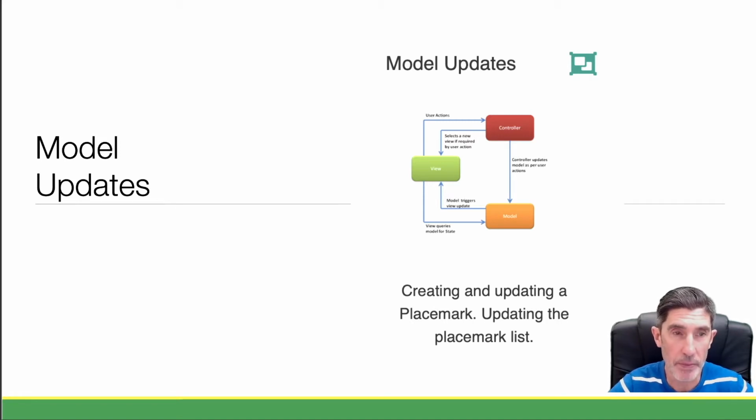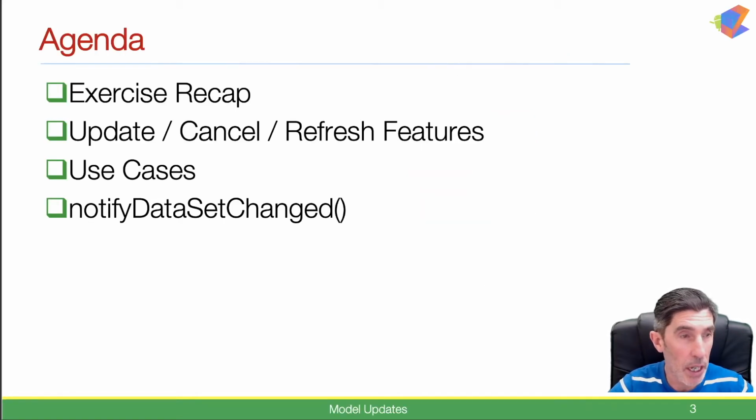The agenda for today: we'll have a quick recap on the exercises involved in the whole process. We'll then look at the update, cancel, and refresh features in a bit of detail and explain how they function.